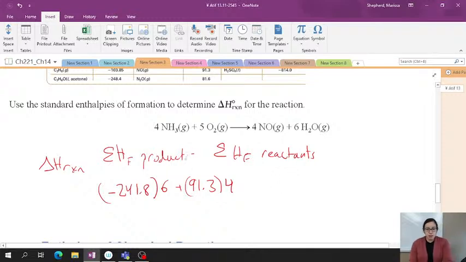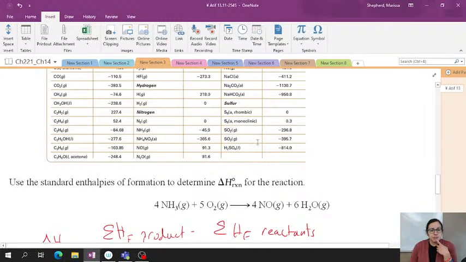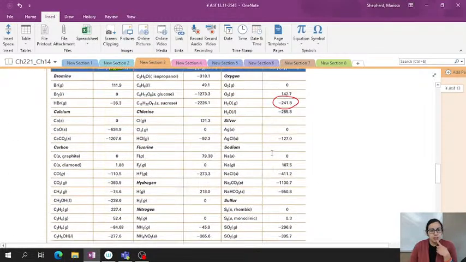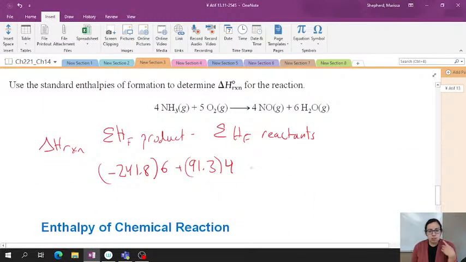Now we have to do minus the reactants. Oxygen in the gas state should be 0. We expected it to be 0, right? That's what oxygen is, so I'll just do minus 0, not that that matters.